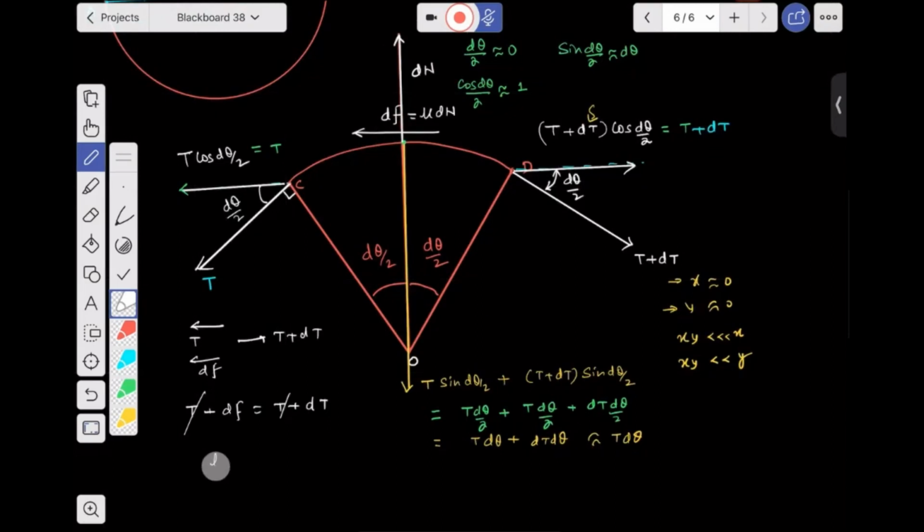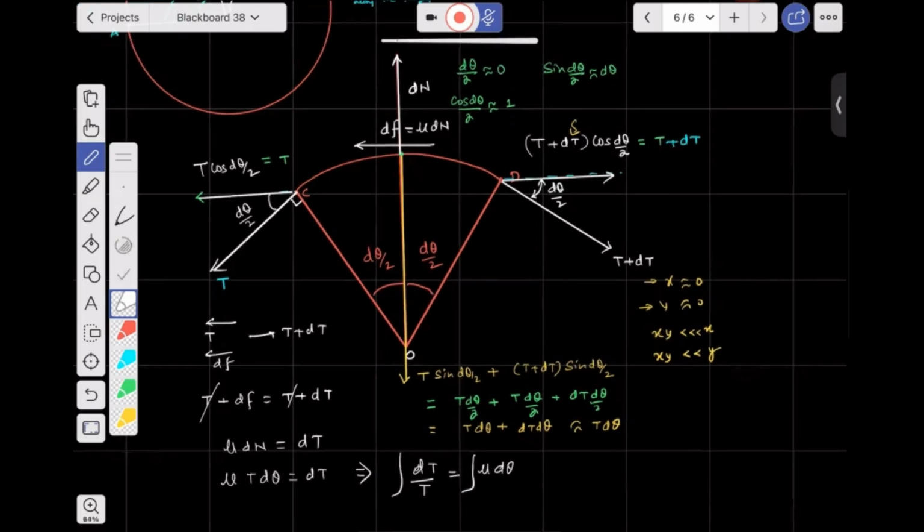So dF is μ times dN, which equals dT. And what is our dN? dN is T dθ, which equals dT. What we can do next is separate the variables and integrate. So I'll write dT by T equal to μ dθ. Then I'll integrate both sides.